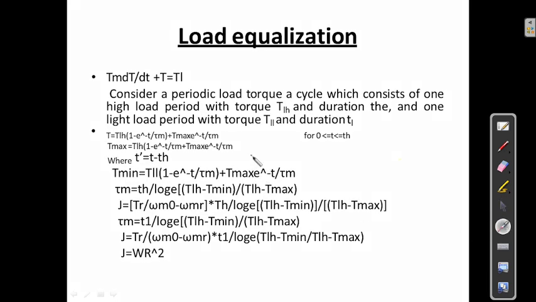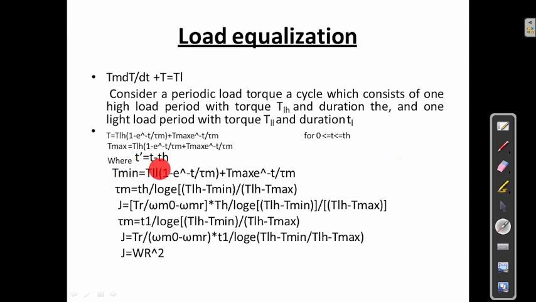Consider a periodic load torque cycle consisting of a high load period with torque TLH and duration th, and a light load period with torque TLL and duration tl. T = TLH(1 − e^(−t/τm)) + Tmax e^(−t/τm), for 0 ≤ t ≤ th.